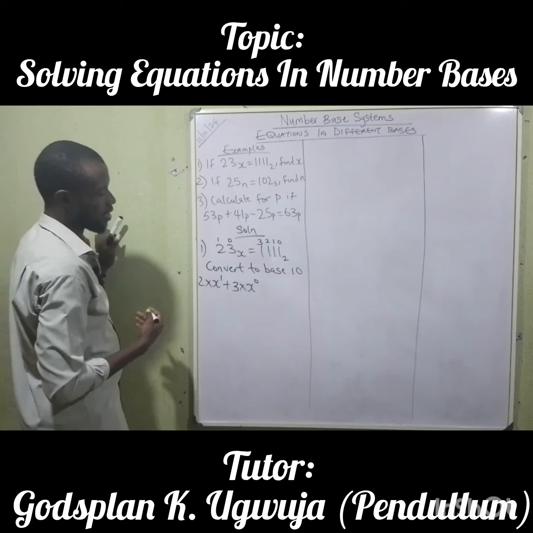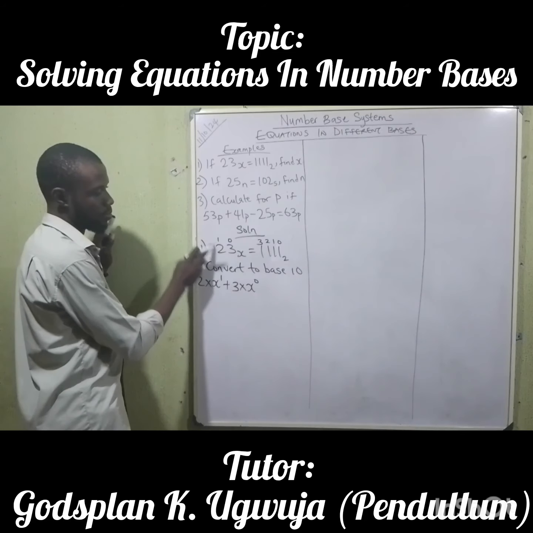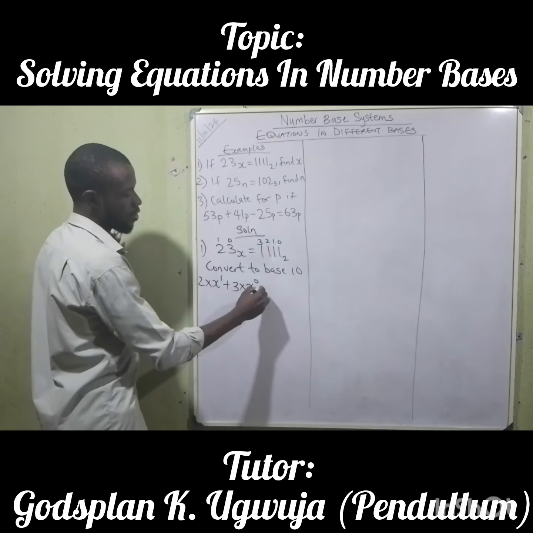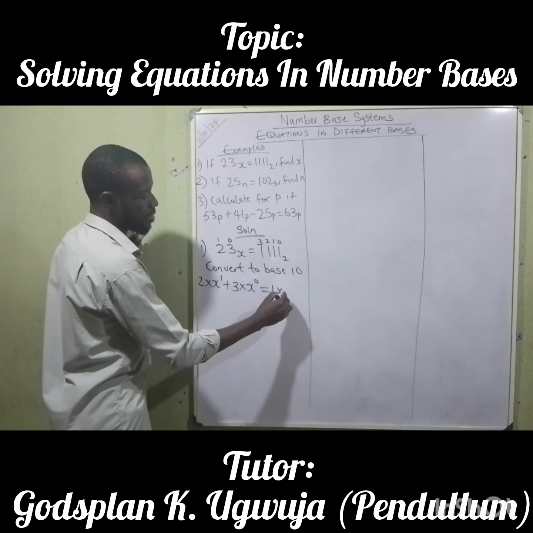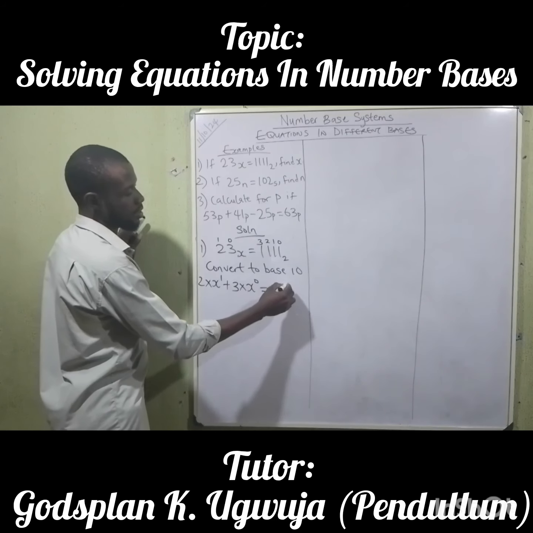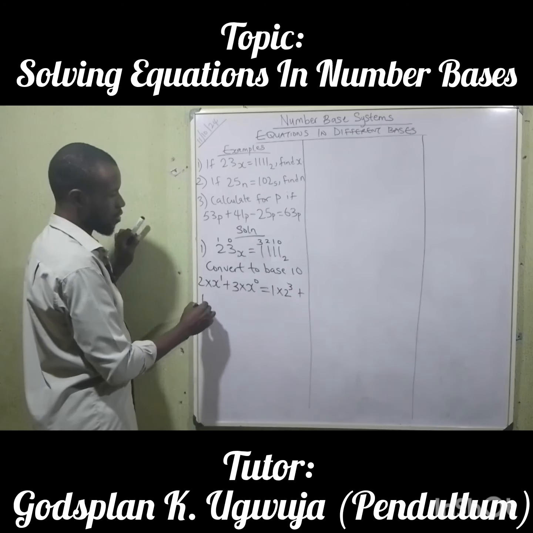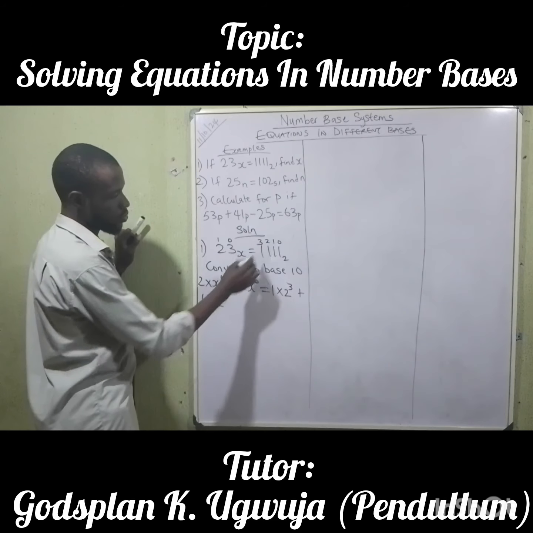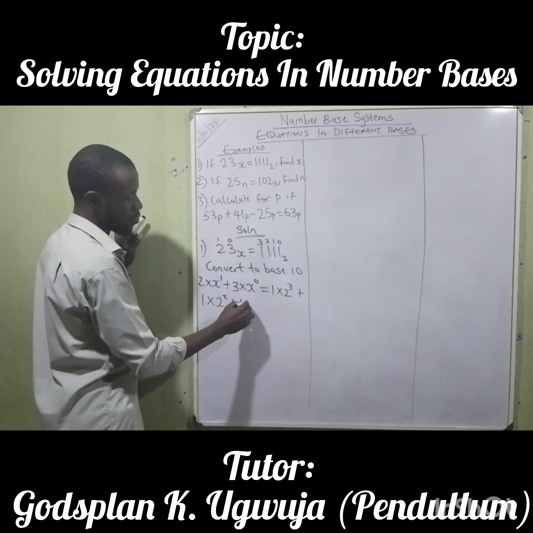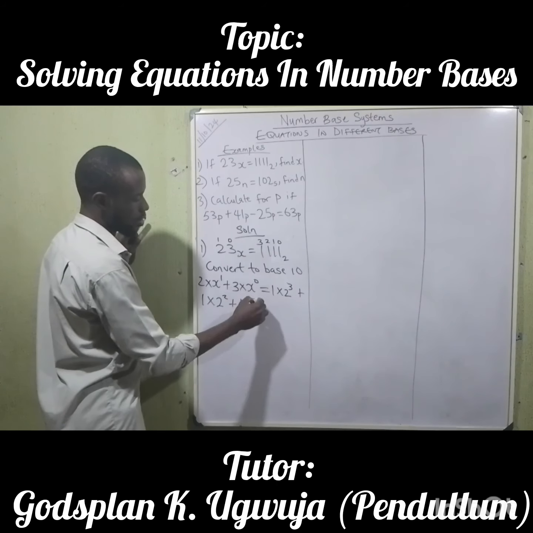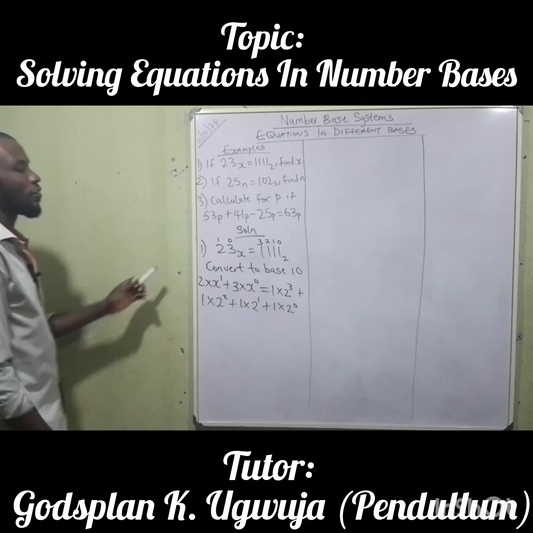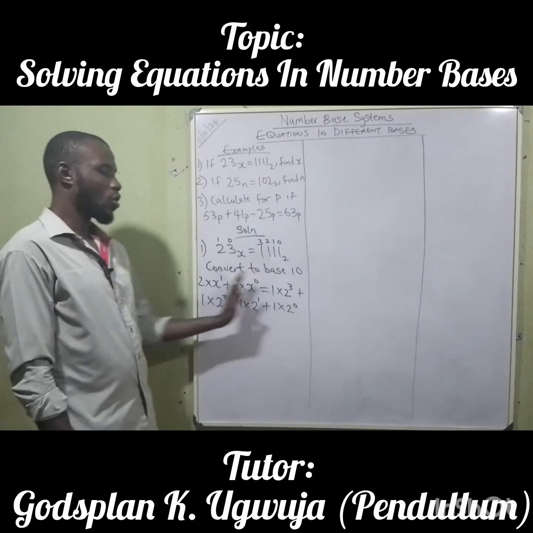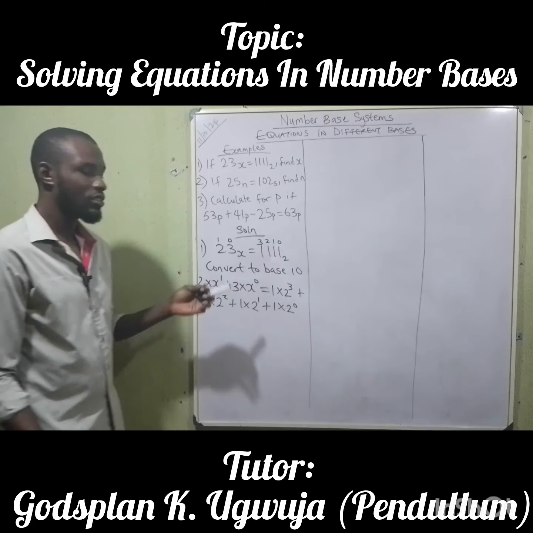That's for this left hand side. 2 times x raised to the power 1 plus 3 times x raised to the power 0 is equal to, on the right hand side again, 1 times the base 2 raised to the power 3 plus 1 times 2 raised to the power 2 plus 1 times 2 raised to the power 1 plus 1 times 2 raised to the power 0.